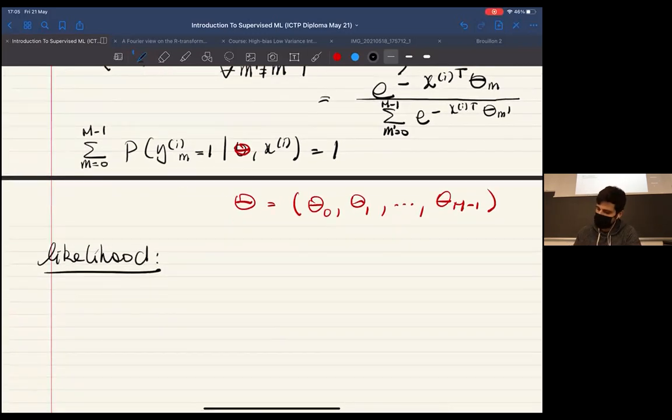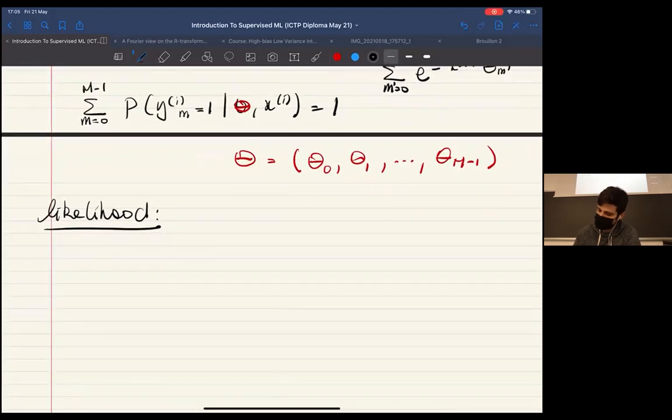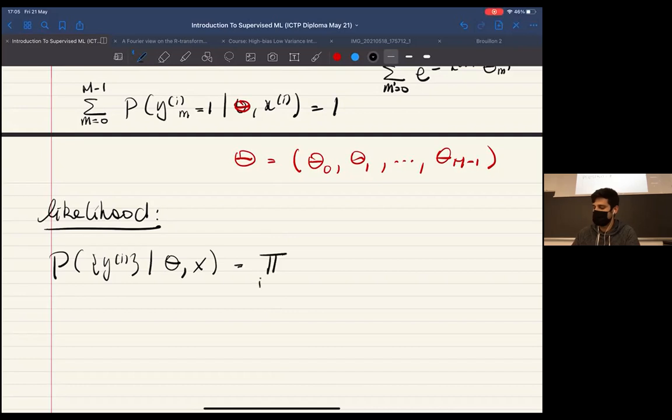So what is the likelihood? The probability of my labels, let me write it like this, given my matrix theta and my design matrix, my matrix of inputs X. As always in machine learning, it's a product over the samples, which means that we are assuming that our samples are IID.